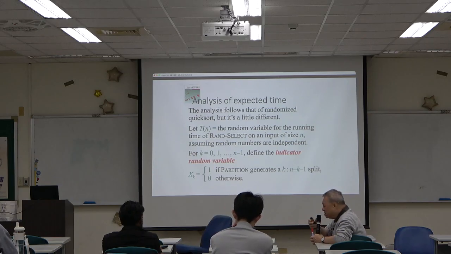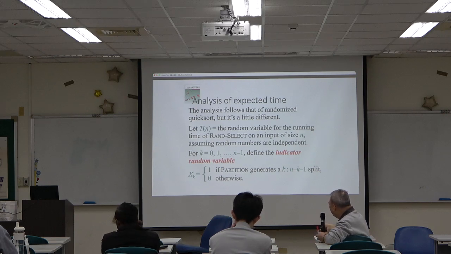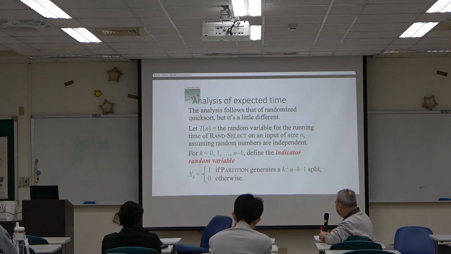Again, we assume there's an indicator random variable. X_k is 1 if partition generates a k to n minus k minus 1 split, and 0 otherwise. That is the definition of the indicator random variable.